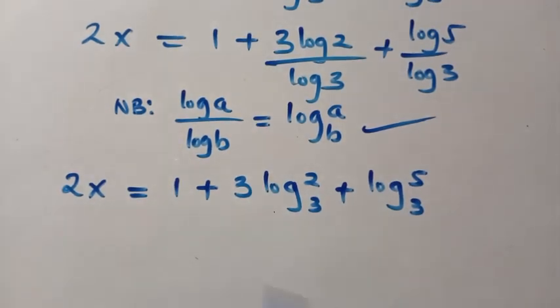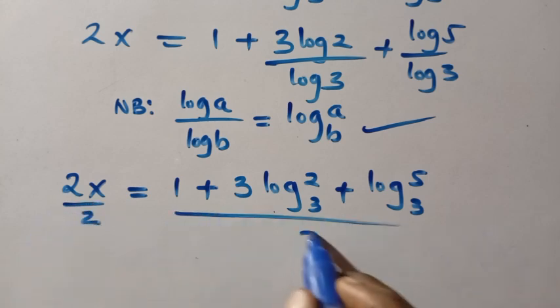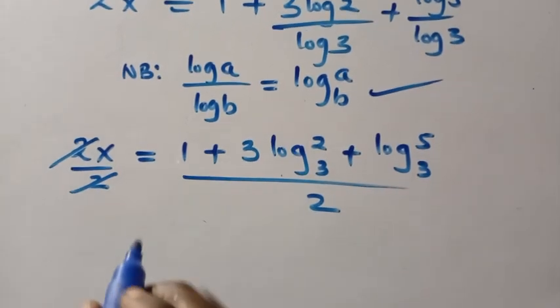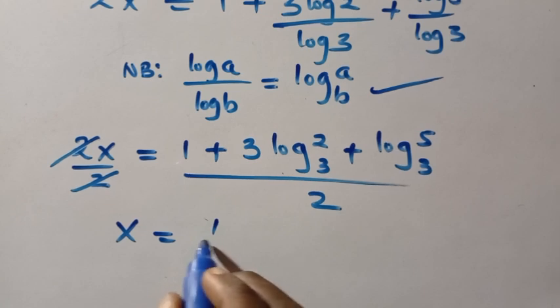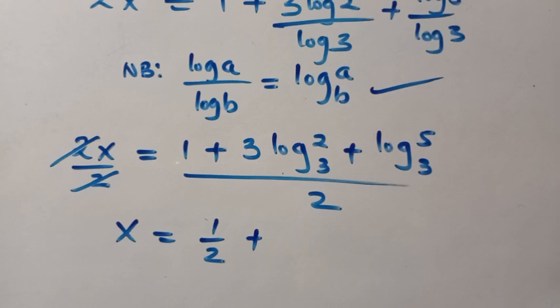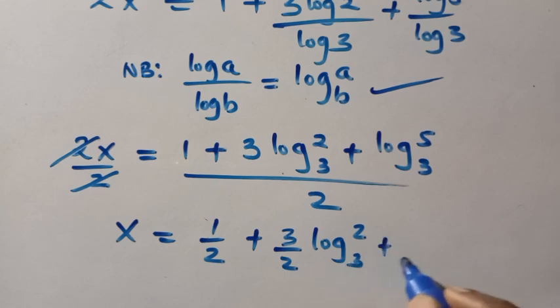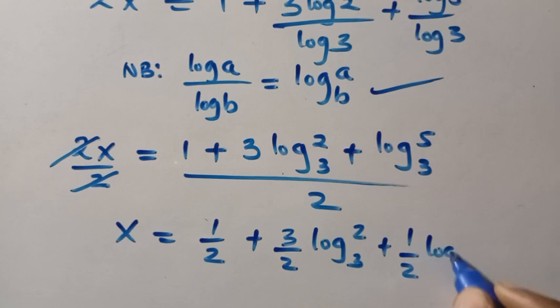Then by dividing both sides by 2, we divide the whole of this by 2. It means this cancelled, and we have x equals 1 divided by 2 plus 3 over 2 log 2 base 3 plus 1 over 2 log 5 base 3.